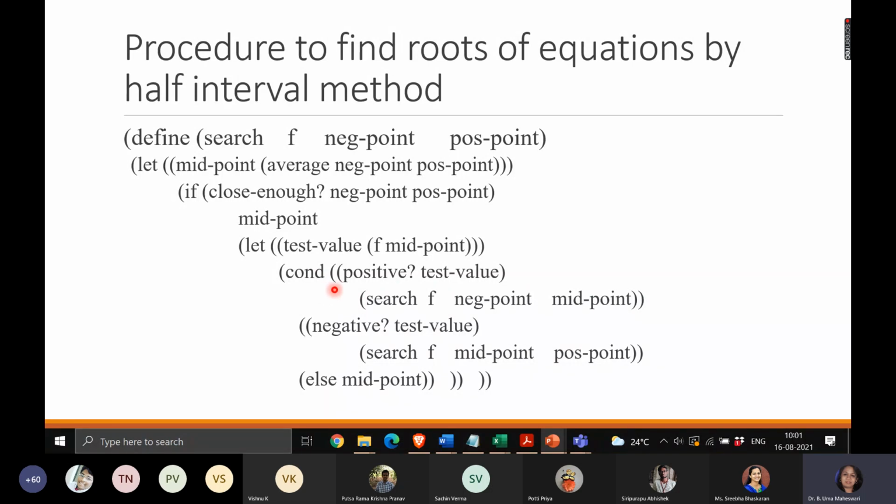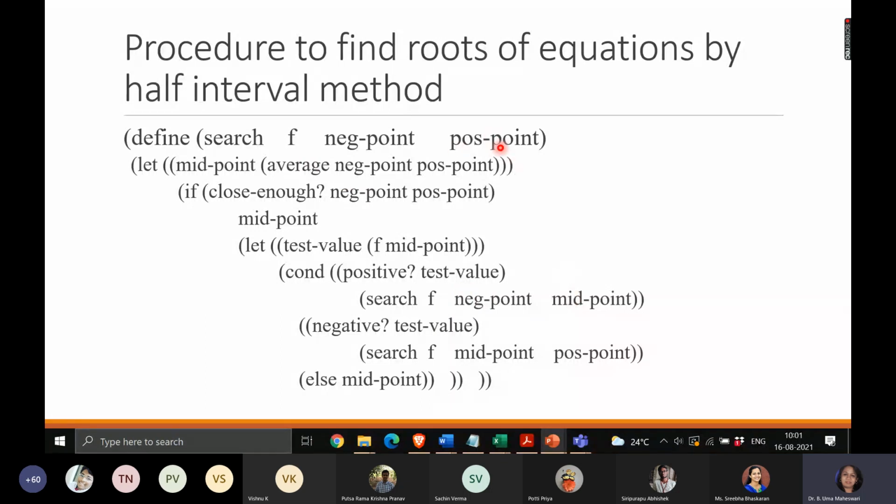So there are three decisions I have to make, so I'm going for a cond. I'm not using if, which means an if part and an else part. There are two conditions I can make with if, but here I want three. As per the algorithm, if the test value is positive, you are calling back the search with f, the negative point and the midpoint.